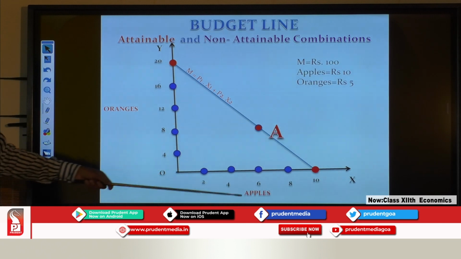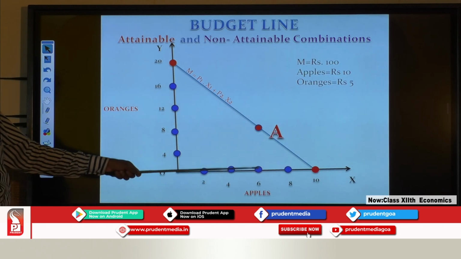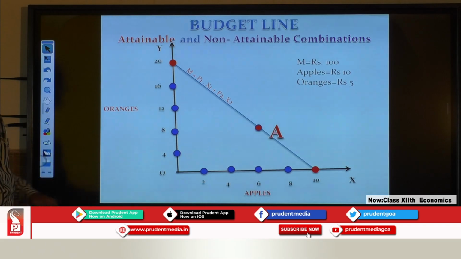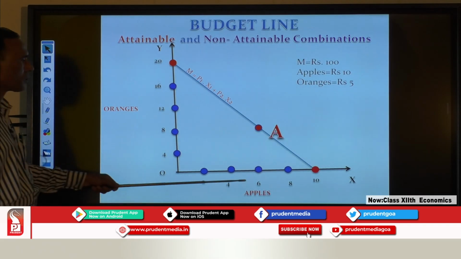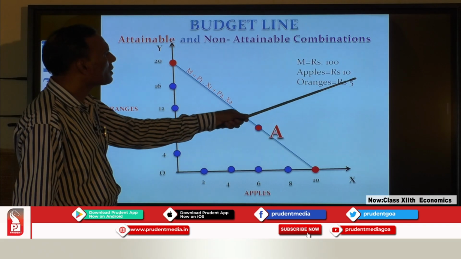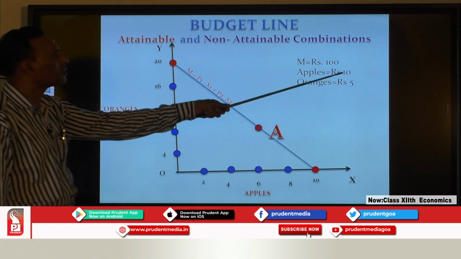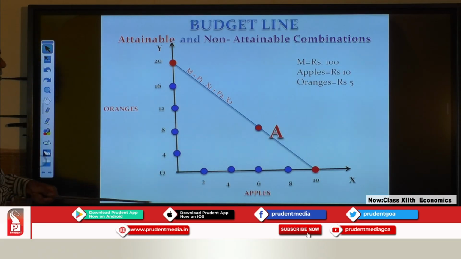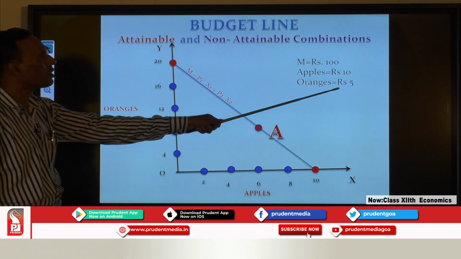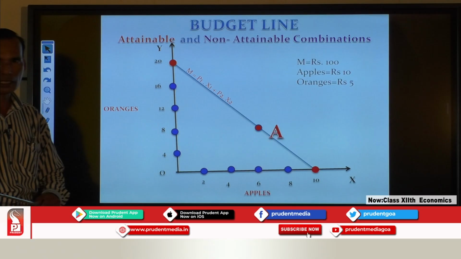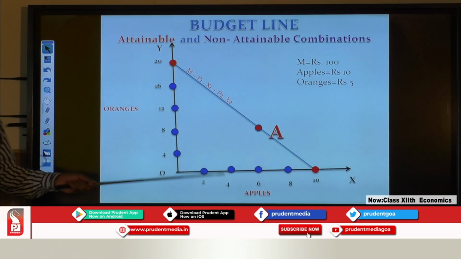As per the graph, the consumer buys 6 apples, so the cost is 6 into 10, 60 rupees. And he buys 8 oranges costing 5 rupees each, which gives 40 rupees.